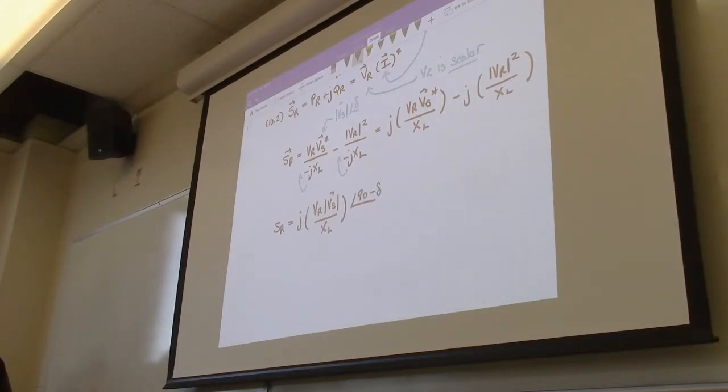And the 90 comes from the J. That's the 90. And it's negative delta because it's conjugate.